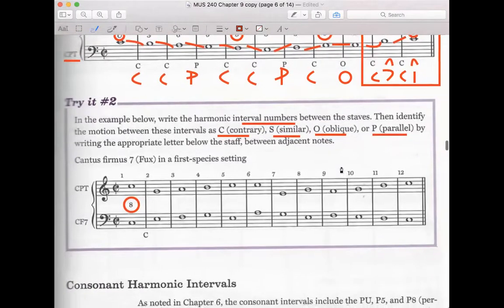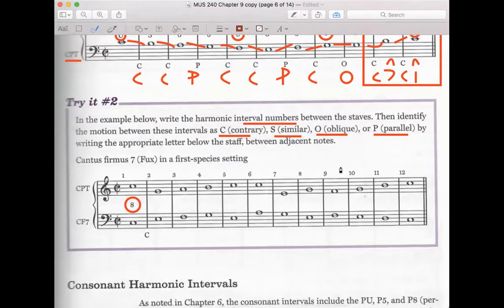Parallel motion, similar motion, those can get us into trouble. Oblique motion, as we'll find out, we're going to use that to get out of problems that we just can't avoid. We'll think of it like an escape hatch where you got yourself into a problem and you need to escape it. You can use the oblique motion.